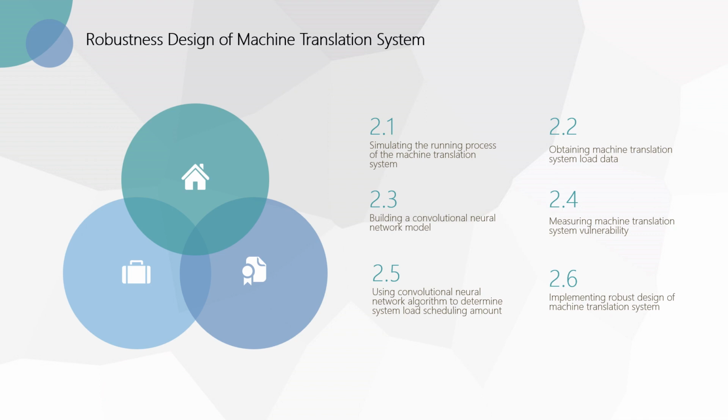Third, building a convolutional neural network model. Fourth, measuring machine translation system vulnerability. Fifth, using convolutional neural network to determine system load scheduling amount. The last one is implementing robust design of machine translation system.